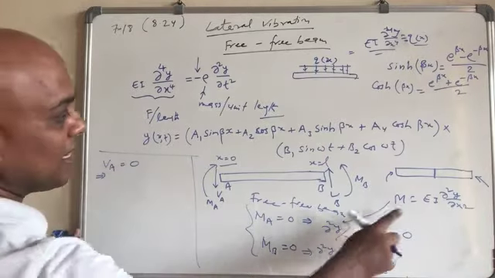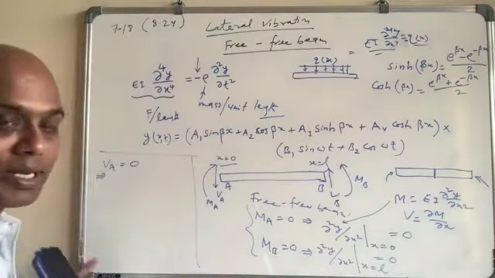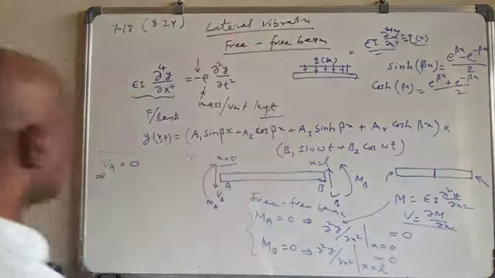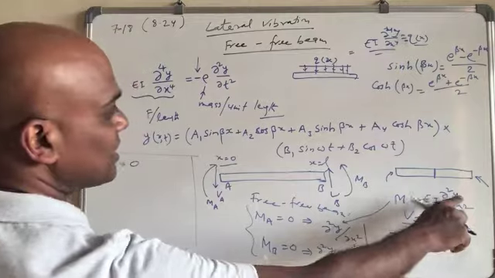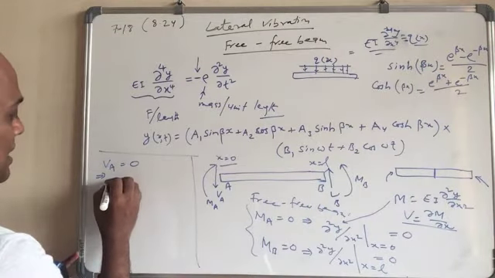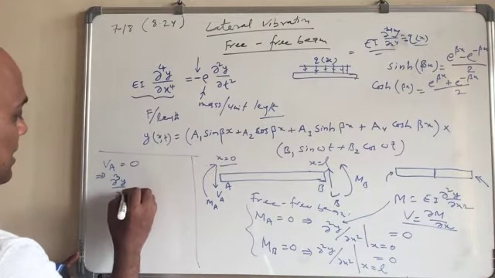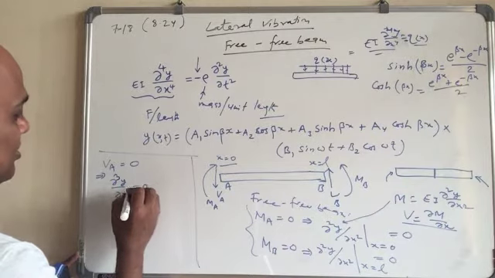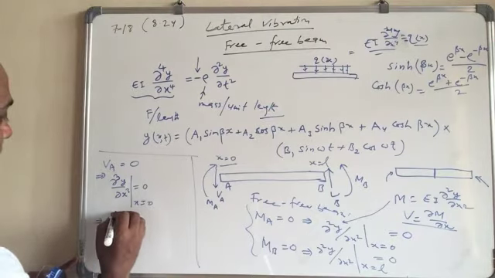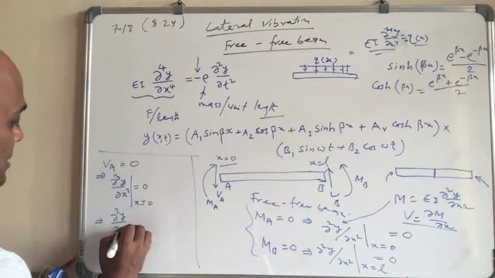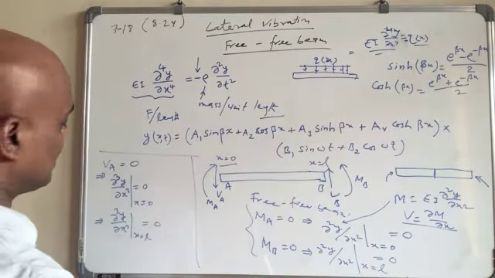That really means V equals del M over del X. Hence we get del cube Y over del X cube equal to 0 at X equal to 0, and del cube Y over del X cube at X equal to L is also equal to 0.